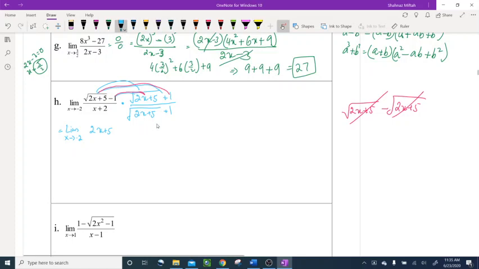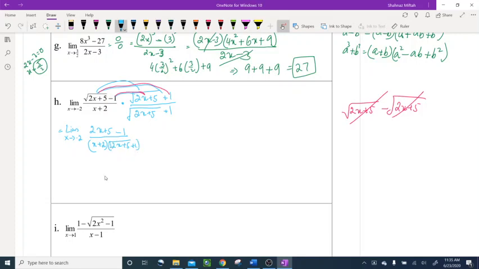You will get used to it, and next time you do it in your head and just ignore it. -1 times +1 is going to give me -1, over this whole thing. It's going to stay as it is: x plus 2 within the parentheses, and square root of 2x plus 5 plus 1 in the parentheses.